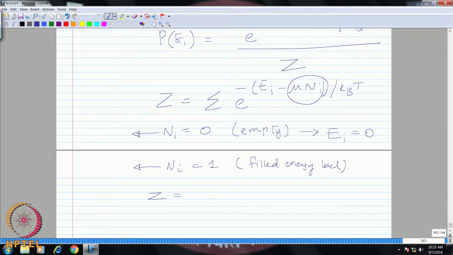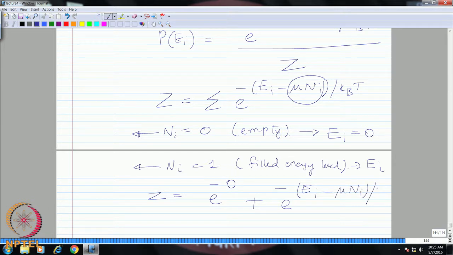So, we can write this as, for the empty case, e power minus 0, plus, for the filled case, e power minus (E_i minus mu N_i) by k_B T, where E_i is the value of the filled energy level, which is non-zero.